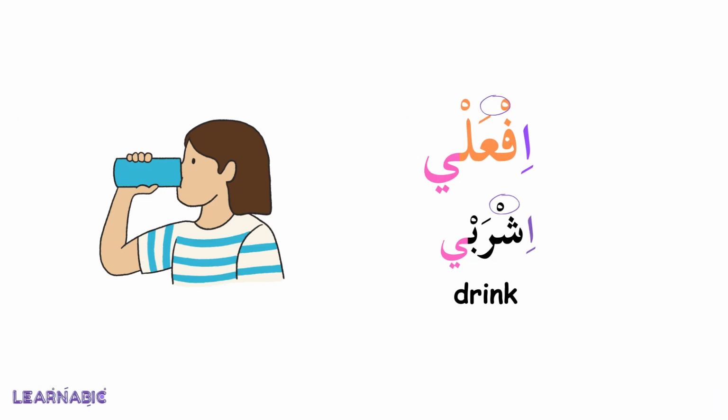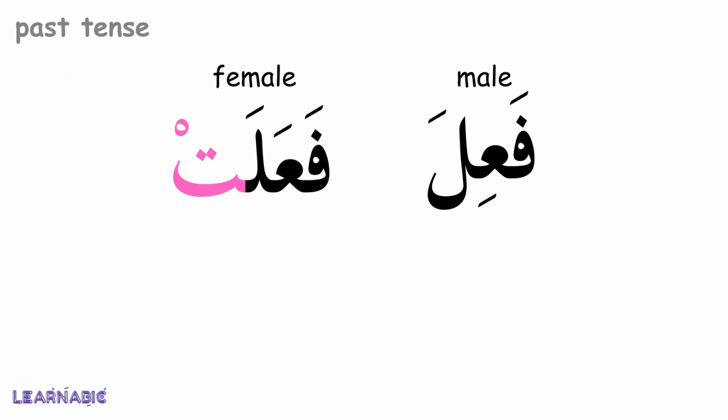This verb in feminine form is اشربي. افعلي, اشربي. In past tense, for male it was فعل, for female فعلت.